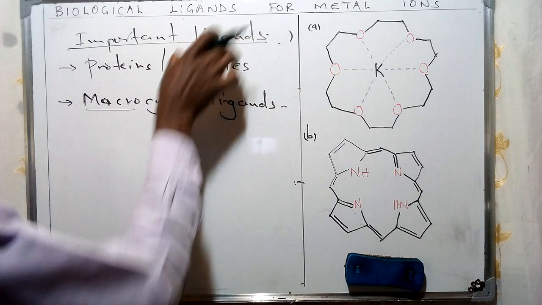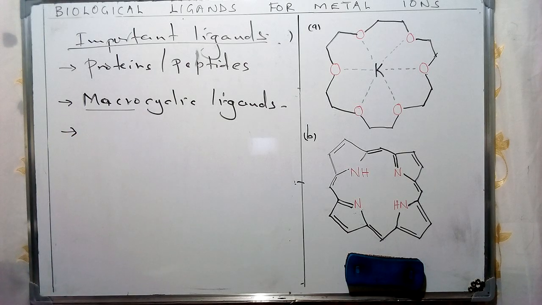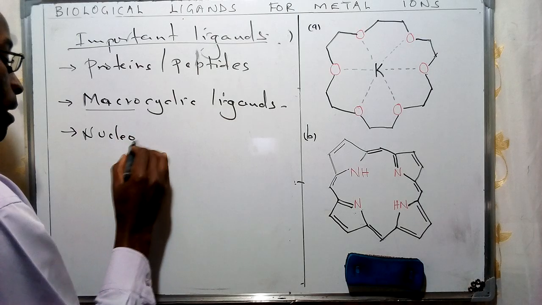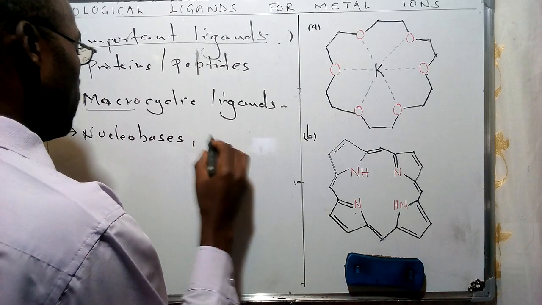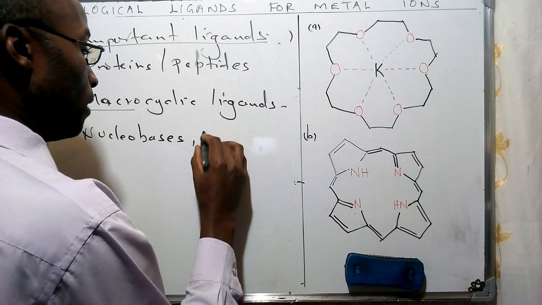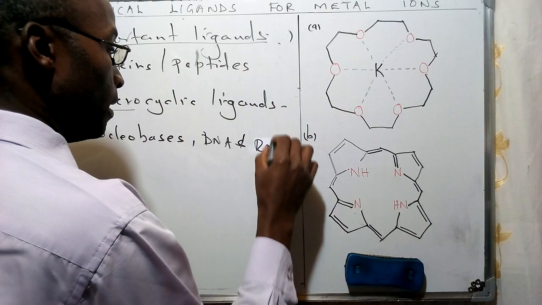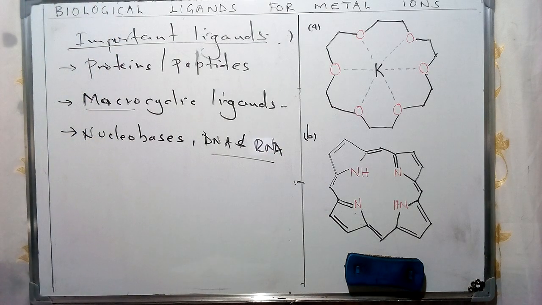This forms an important set of ligands which we are going to be discussing in our subsequent videos. And then lastly, we shall look at examples of nucleobases, which we're going to come across in the formation of RNA and DNA, which are nucleic acids.